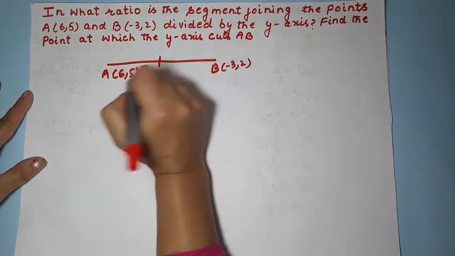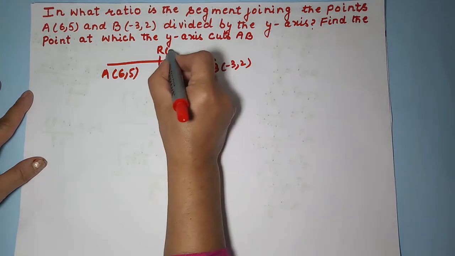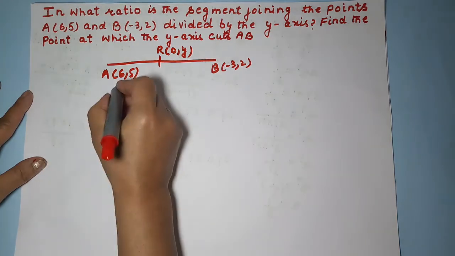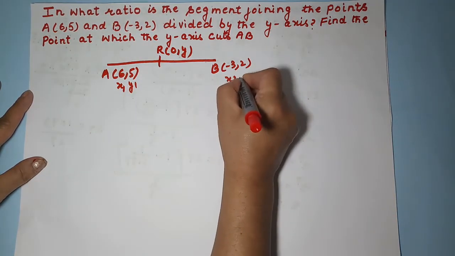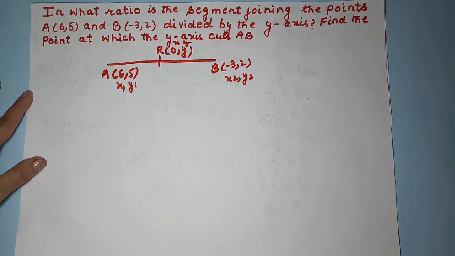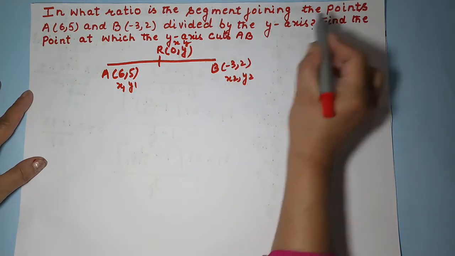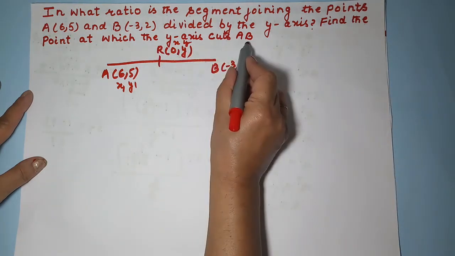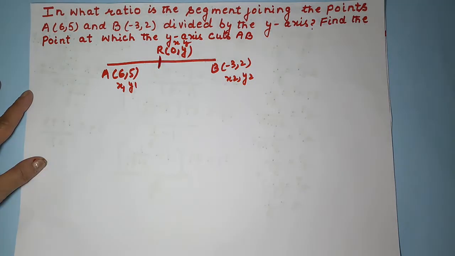Now this time, if it is divided by the y-axis, let me name this point as R. So the coordinates will be (0, y), right? Let me name this as x1, this will be y1, this will be x2 and this will be y2, and this will be my x and this will be my y. Now he wants me to find the ratio and after that find the point at which the y-axis cuts AB. That means we have to calculate the coordinates of point R.